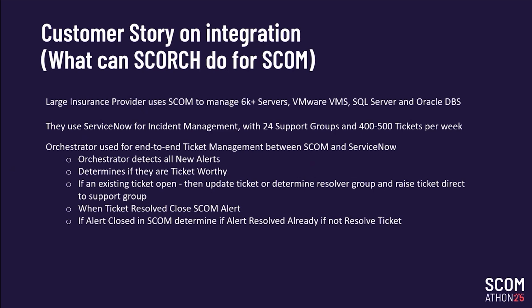So it raises an alert, we create a ticket, the system automatically resolves itself, the alert disappears, and then it raises up again a day or two later. So we don't want to keep raising tickets. So if there's an existing ticket, we update it. If there's no ticket there, we then determine the resolver group based on the rules that we've got and raise a ticket directly into ServiceNow with their support group.